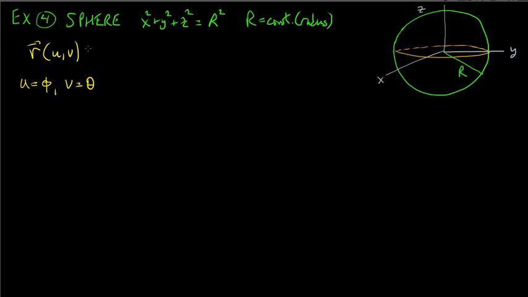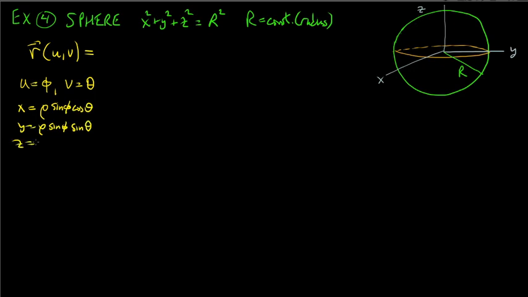So all we need to do is get the x, y, and z components of this vector. And that just comes from spherical coordinates. Hopefully you remember x is rho sine phi, cosine of theta. y is rho sine phi, sine of theta.